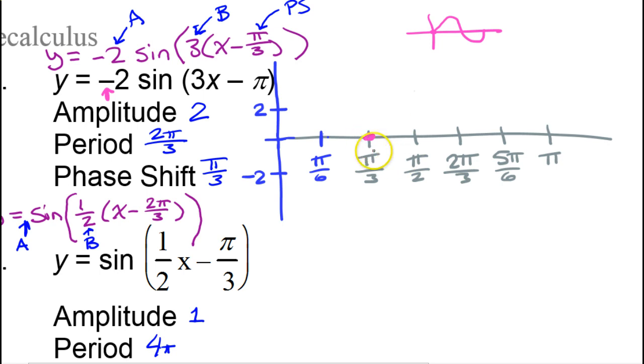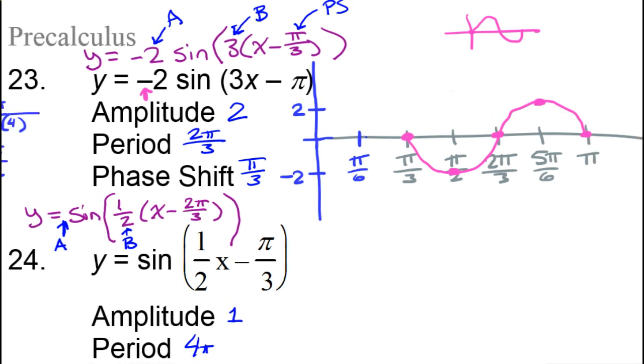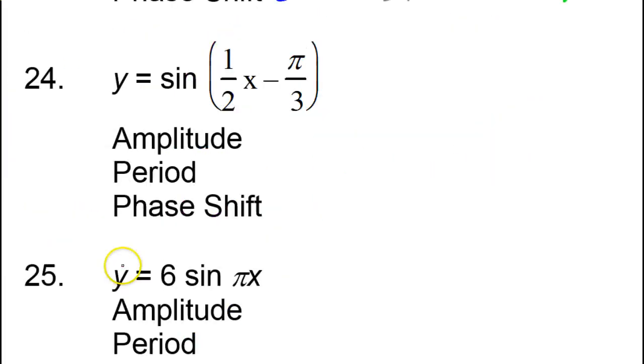So from here I'm going to go down to the lowest point and then back to the midline. Then I'm going to go up and back to the midline. So this sine function graph is going to look something like this. And that's it. So that was problem number 23. Alright, let's move on to number 24.